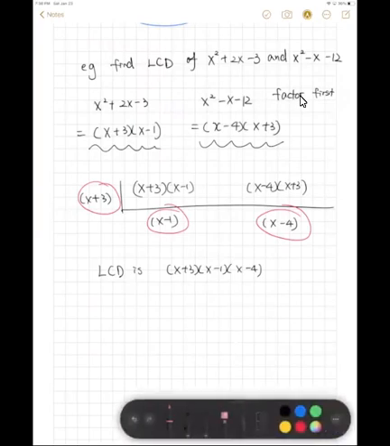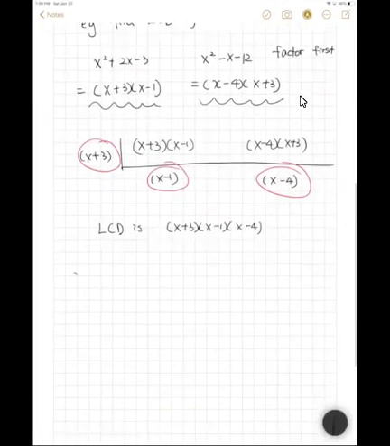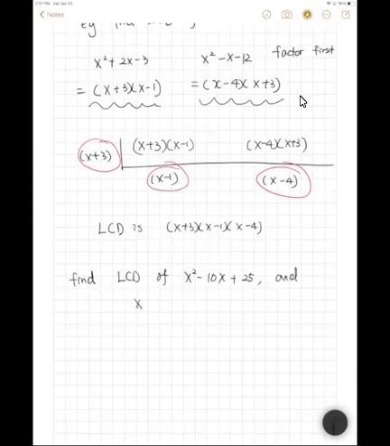Okay, so let's try another example. If I want you to find the least common denominator of x squared minus 10x plus 25 and x squared minus 14x plus 45. What's the first step?